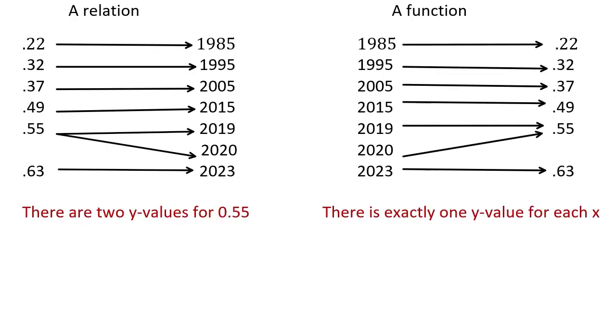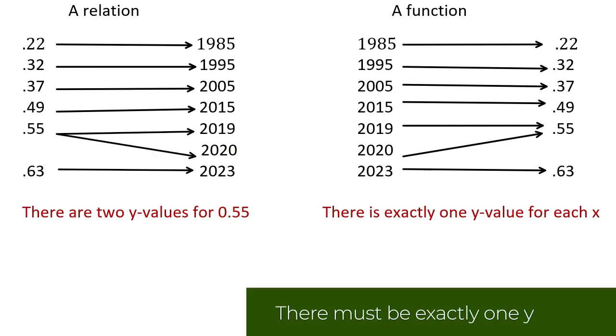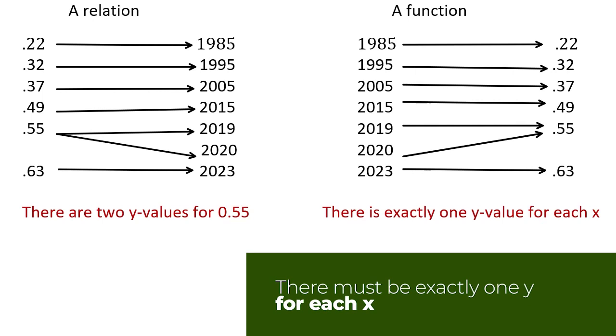If we consider our two examples, in the relation, we notice there are two y values for one x value, in this case 55. And for a function, there is exactly one y value for each x. It's okay for 55 as a y value to be associated with 2019 and 2020.